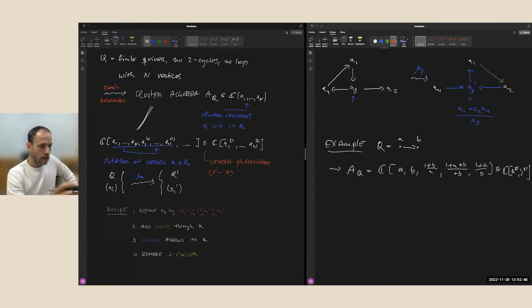This is obtained by recursively doing the mutation procedure, and a priori it might be infinite, but in this case there's a finite list. So if you get bored during the talk, you might recover this. However, this is a very specific case, which is not surprising considering that this was the simplest non-trivial cluster algebra. In general, the cluster algebra is not finitely generated.